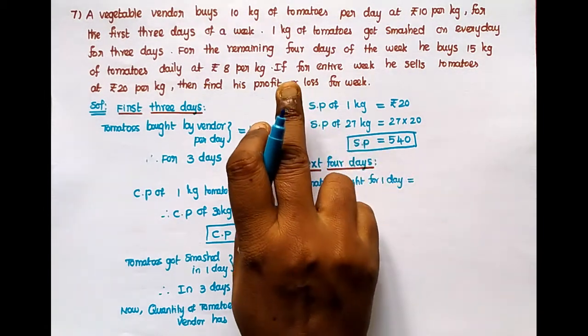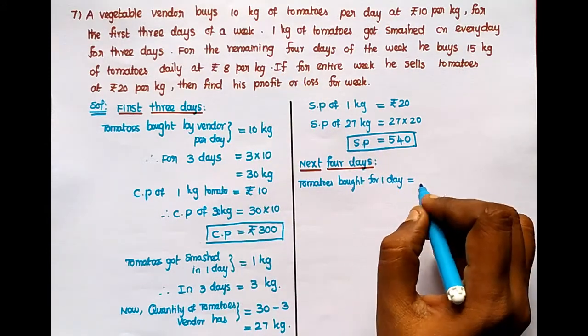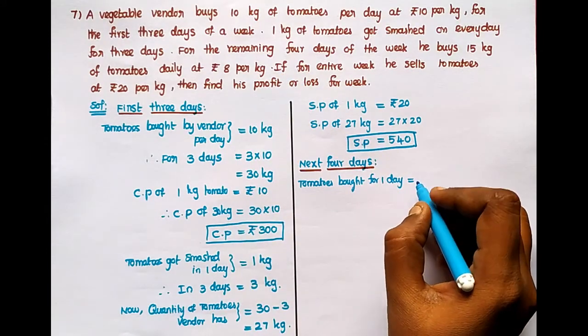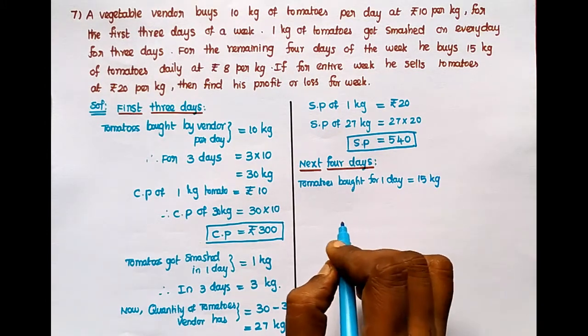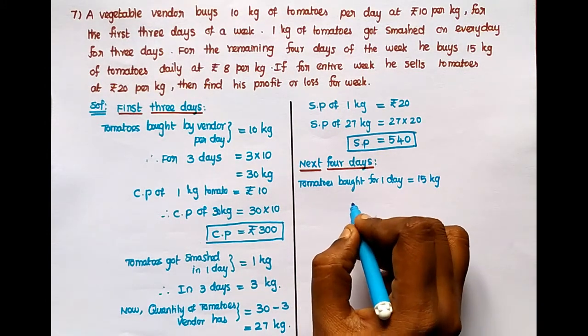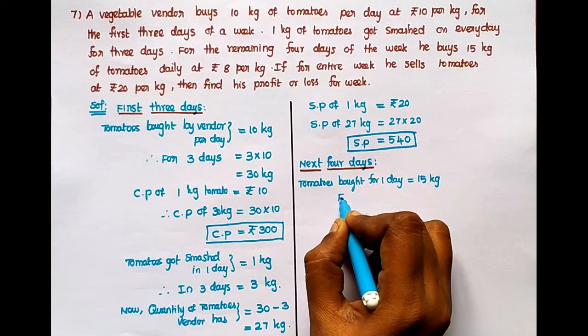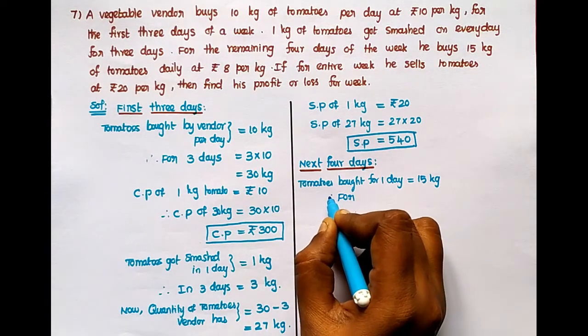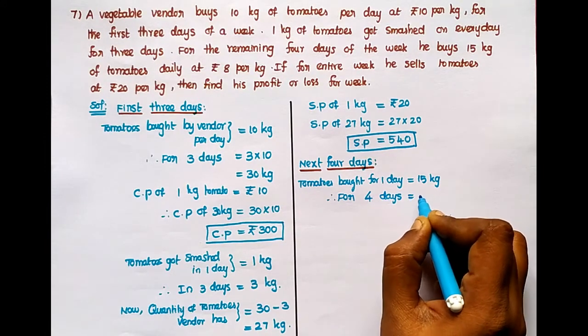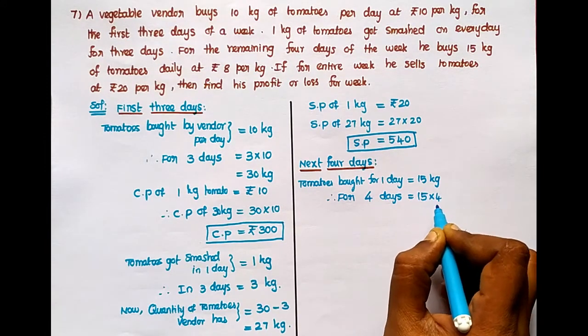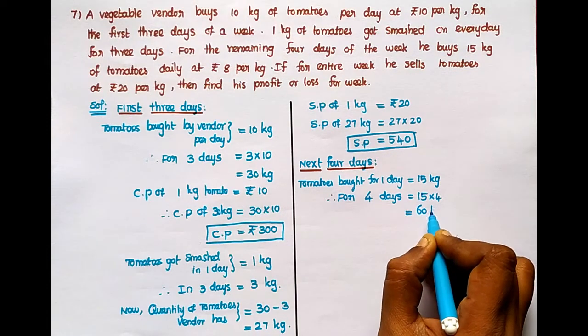In next 4 days, 1 day how many kilogram he bought? That is 15 kilogram. So for 4 days means 15 into 4, that is equal to 60 kilogram.